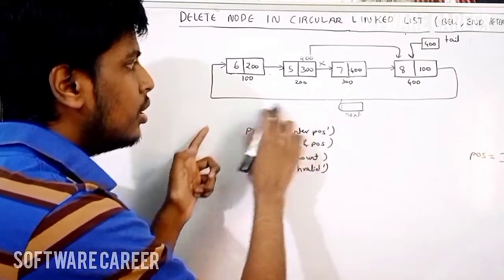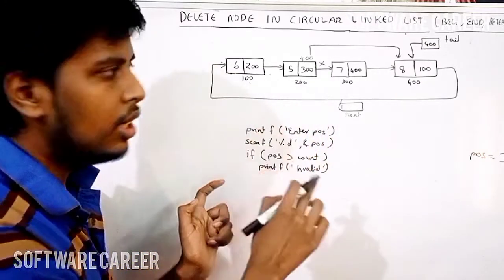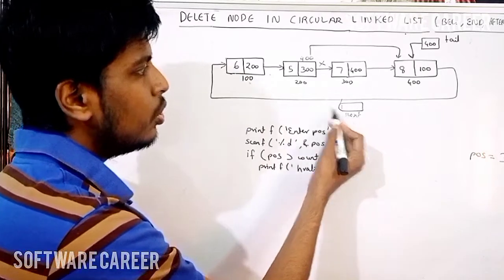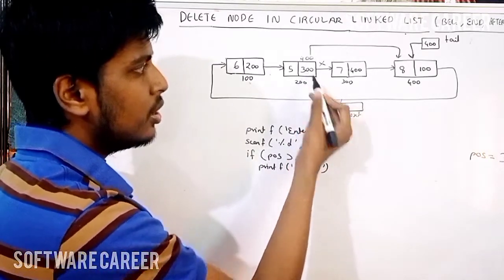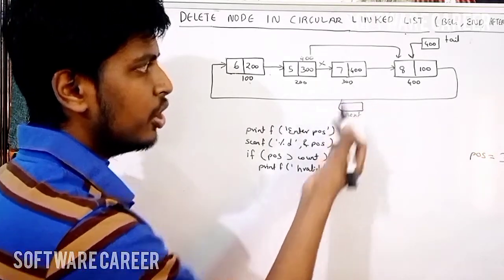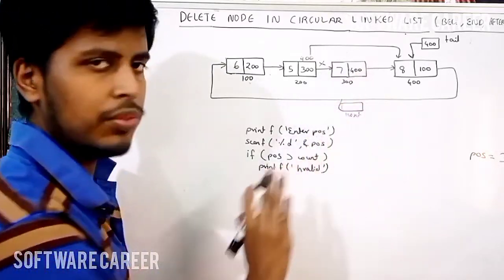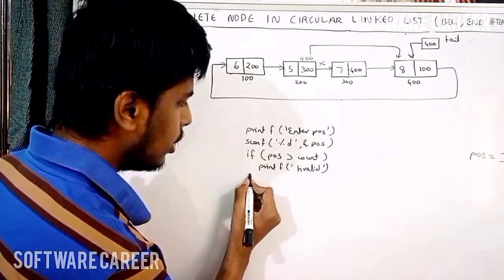So this previous pointer was moving one step at a time and has reached 200. After it reaches 200, you can write next equals previous next. Previous was 200, and 200's next is 300. So in this next pointer 300 will be written, and it points to this node. Now you can write free next, and this node will be deleted from memory. So let's see how to do it. See here, now the else part.